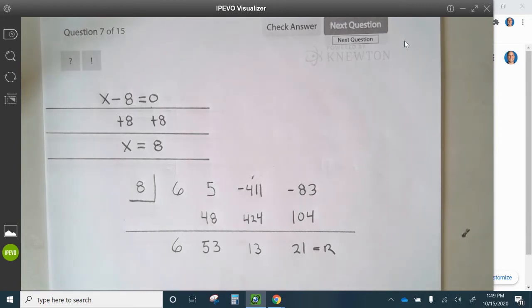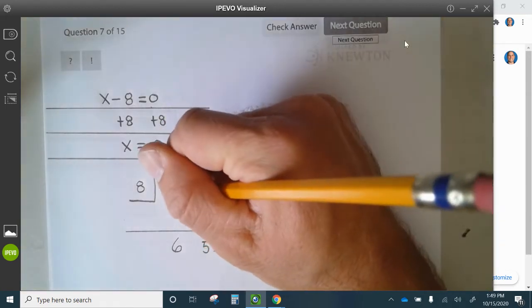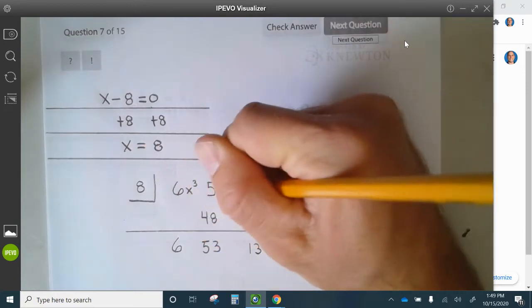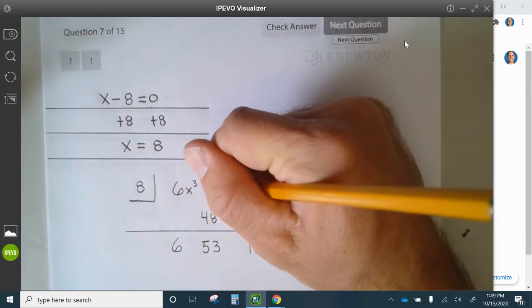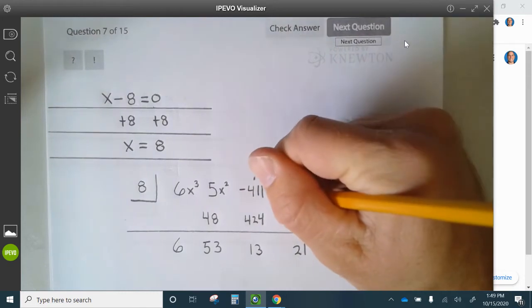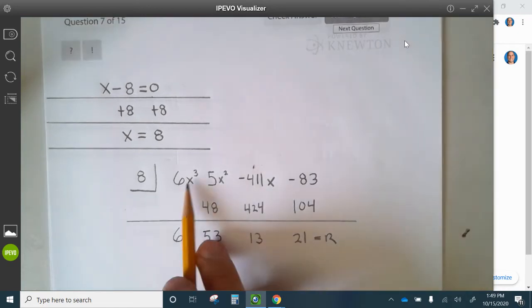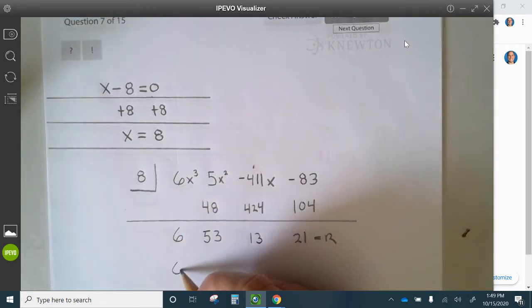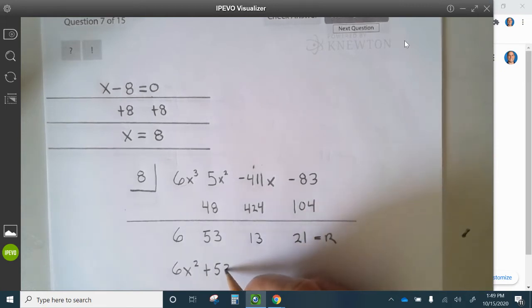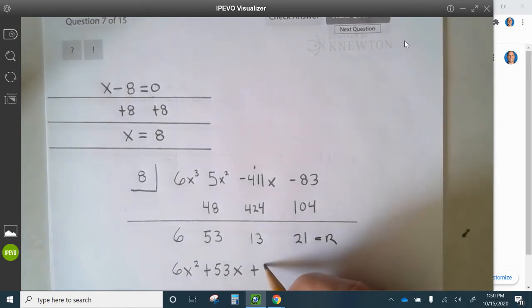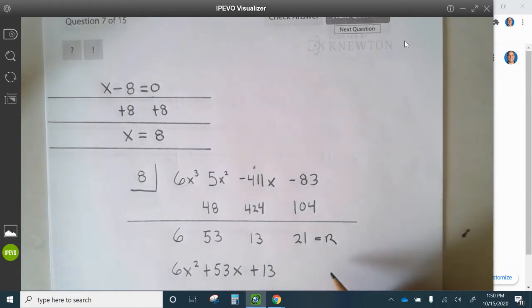Okay, now this was 6x cubed plus 5x squared minus 4x plus 11x plus the constant. Okay, now whenever you divide by exponents, the exponents decrease by 1. So this becomes 6x squared plus 53x plus 13 plus the remainder of 21.